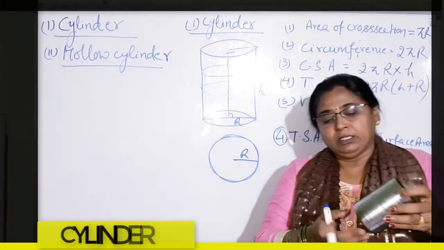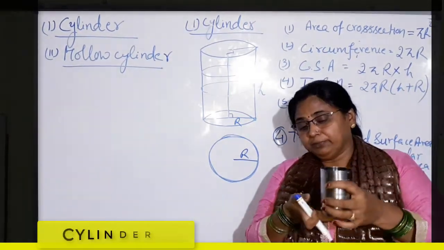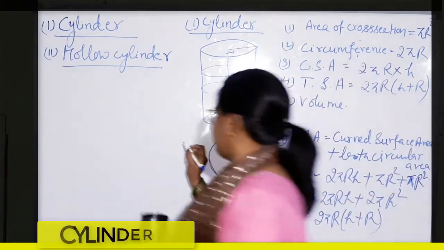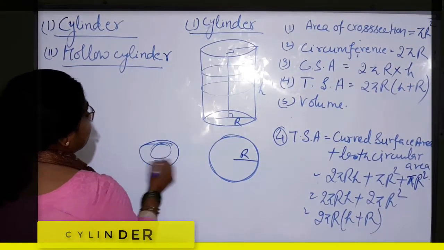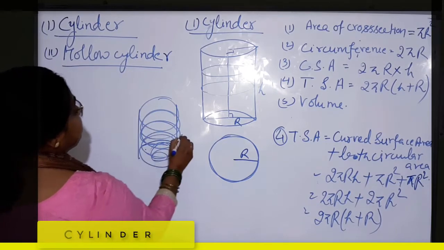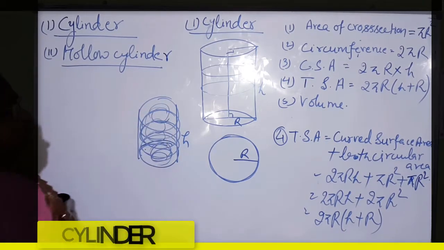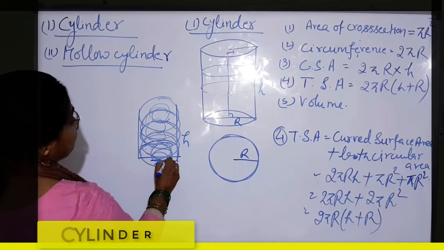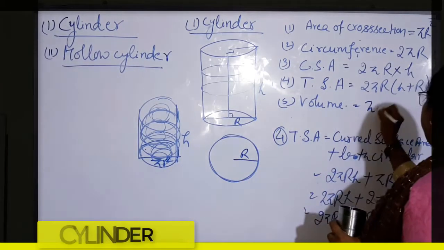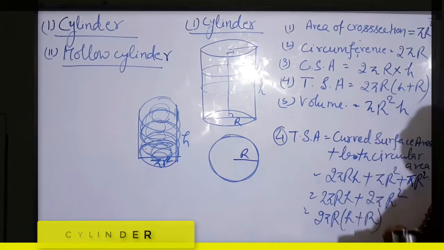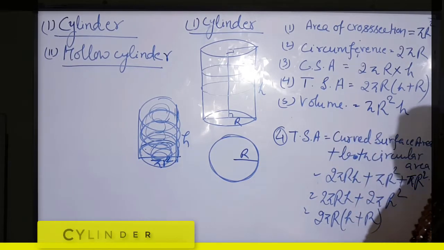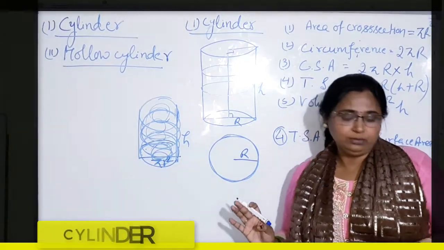Volume means the bottom circular area, pi r square, multiplied by the height h, and then the whole solid is covered. So the volume of the cylinder is pi r square h. Is it clear? Understood? Okay.